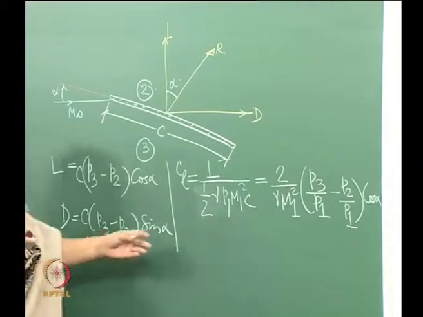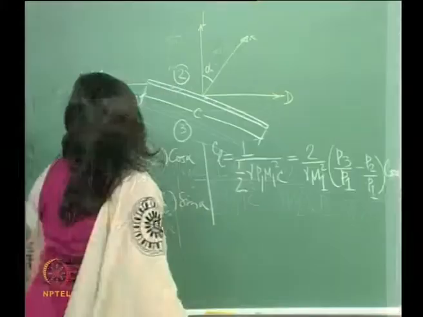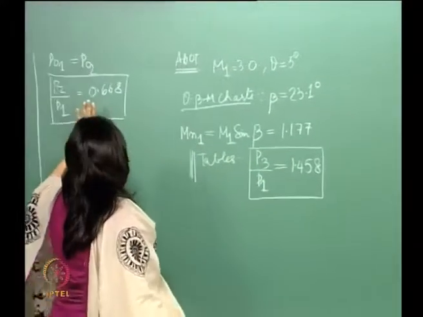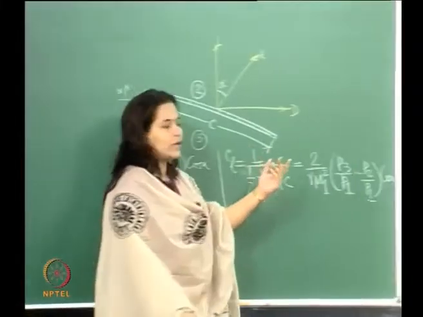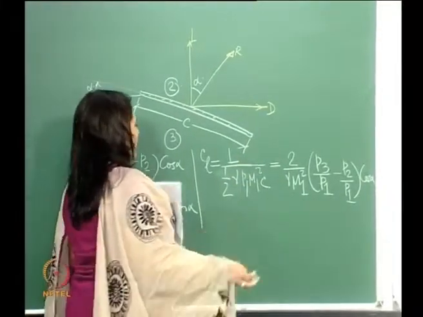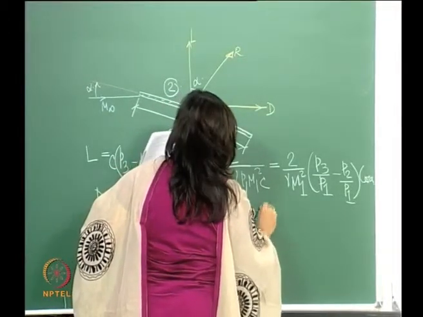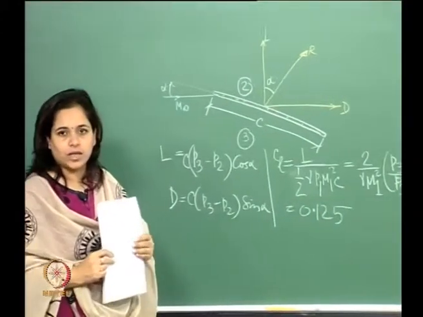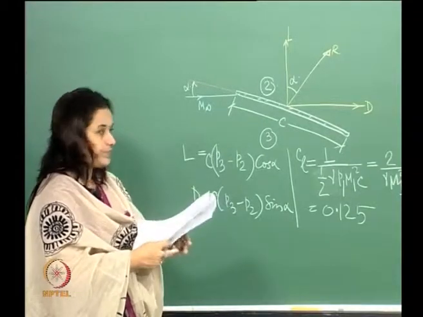So, now we know M 1 given to us is 3, P 3 by P 1 and P 2 by P 1 we have calculated. So, we know these values, alpha is 5 degrees. So, we can calculate this, and what I get is around 0.12. So, coefficient of lift comes out to be 0.125.